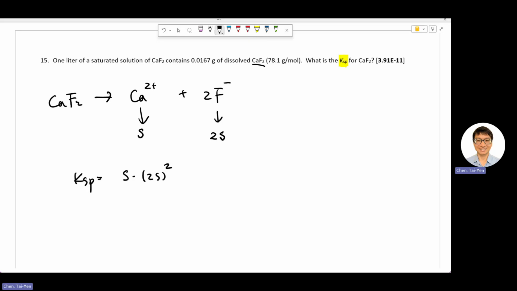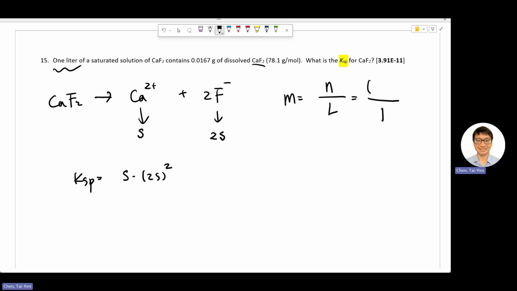Okay, so now how do we calculate the molar solubility? You need to calculate the moles per liter, right? What's the volume? 1 liter, right? Therefore, this is 1. How many moles?